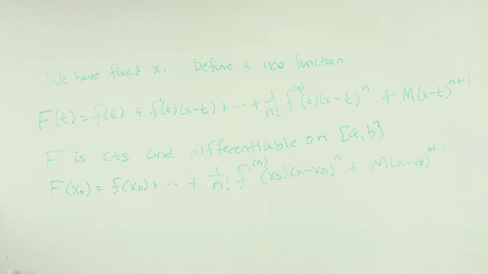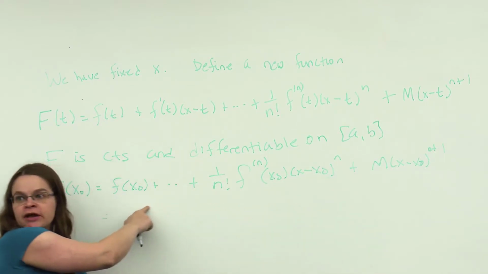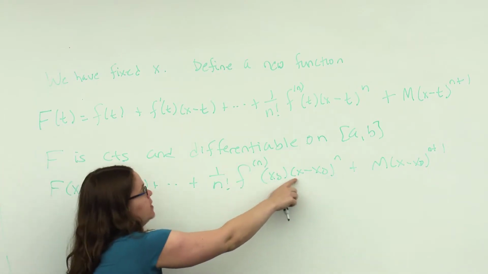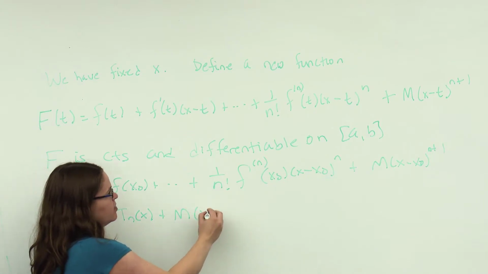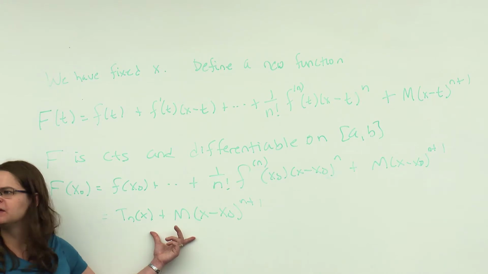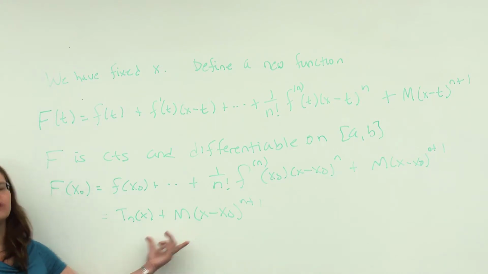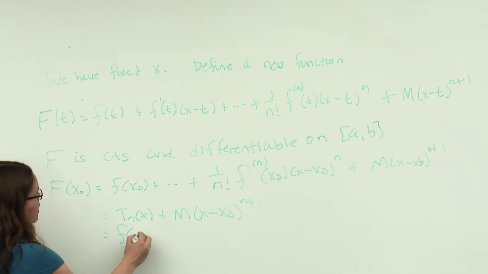Exactly, it's f of x. So I'll do this in one more step. All of this is my Taylor approximation, evaluated at this point x. So this is Tn of x plus m times x minus x naught to the n plus 1. And if you look at that for a moment, you should think, we've seen this before, we've written this down before. Actually, we wrote it down right over here. We actually picked this number m so that that whole thing would be equal to f of x. So if I plug in x naught, I get something really simple.